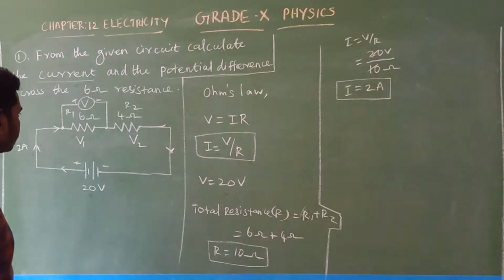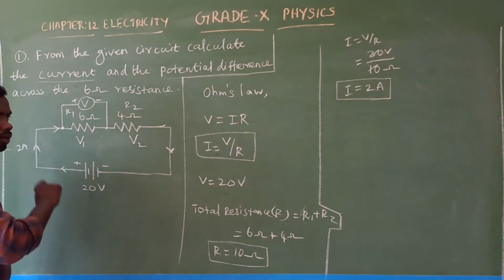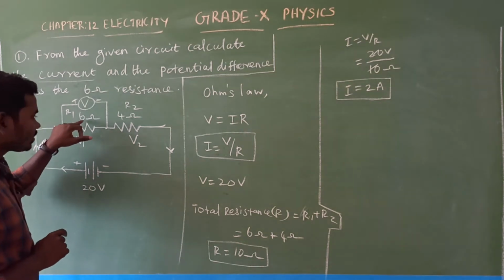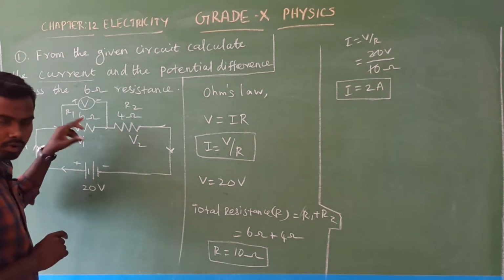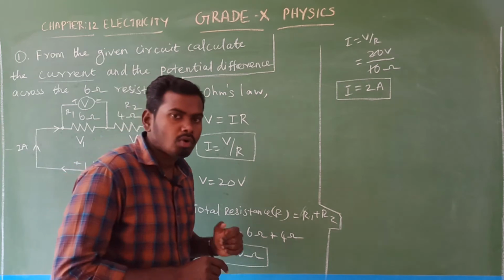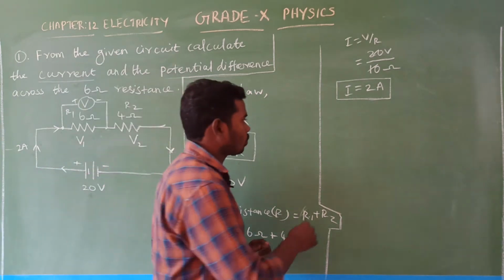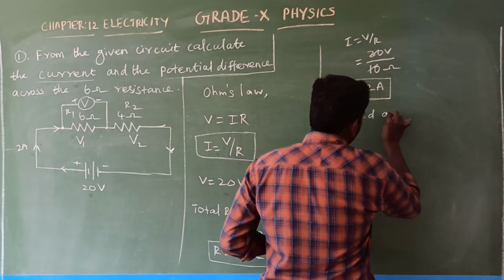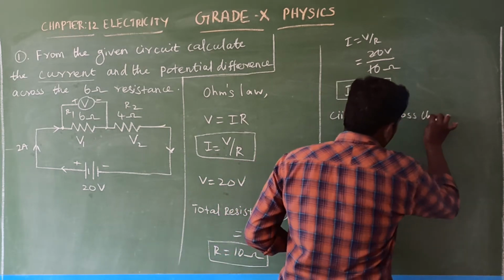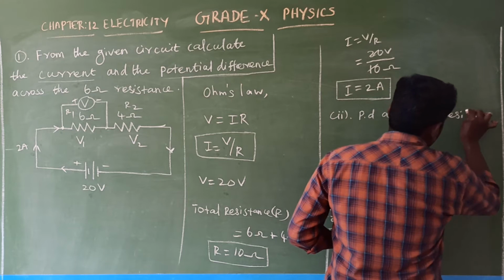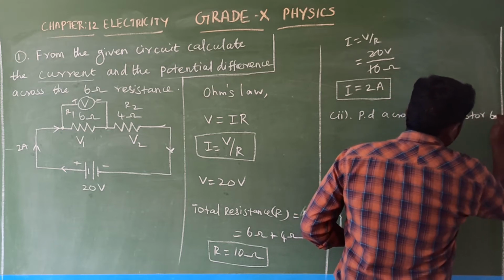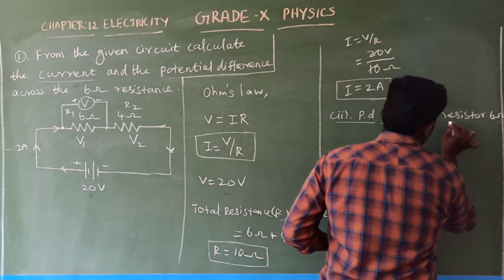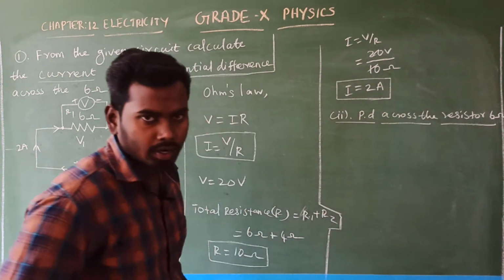Look at here. For calculating the potential difference across the 6 ohm resistor, what formula do we need to choose? Yes, look at here. This is the second one, potential difference across the 6 ohm resistor. Is it clear?